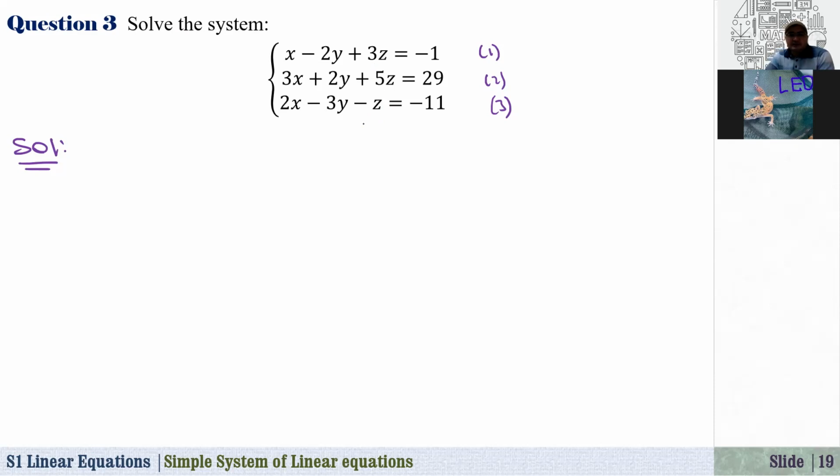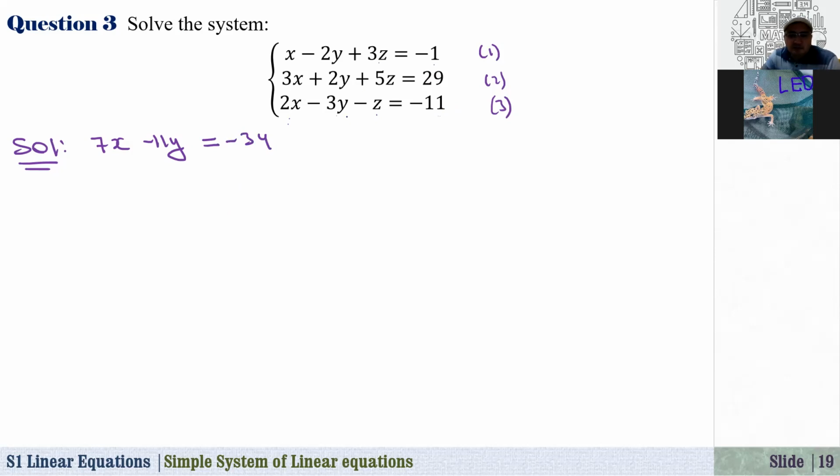Let me just do this mentally. 3 times 2x is 6x plus x, that is 7x. And minus 9 plus minus 2, minus 11y. And minus 3z plus 3z is equal to 0. 3 times minus 11 is minus 33 plus minus 1, that is minus 34.